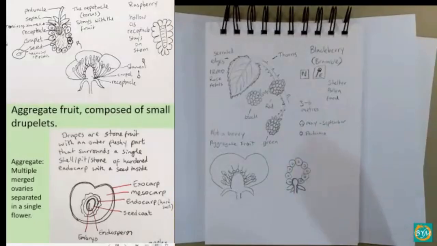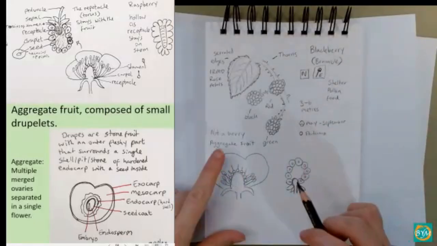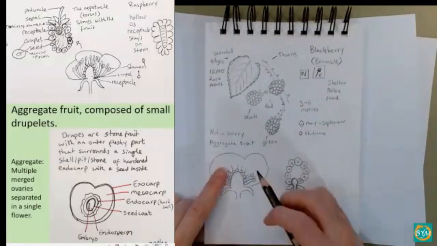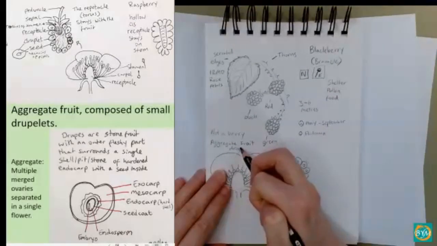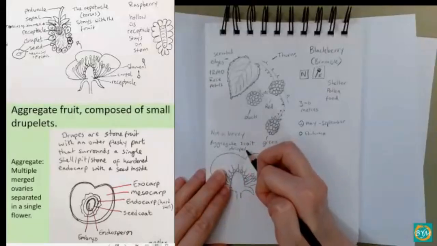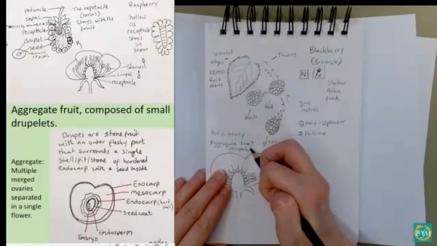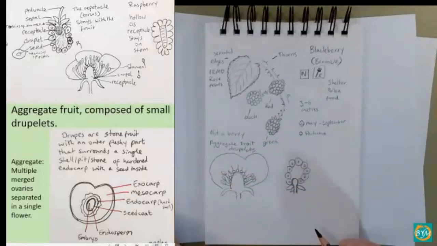Now, the other part of what a blackberry is: it's an aggregate fruit, but it's made up of something called drupelets. So what is that? Well, a drupe is basically a fruit that has a hard stone in the middle.